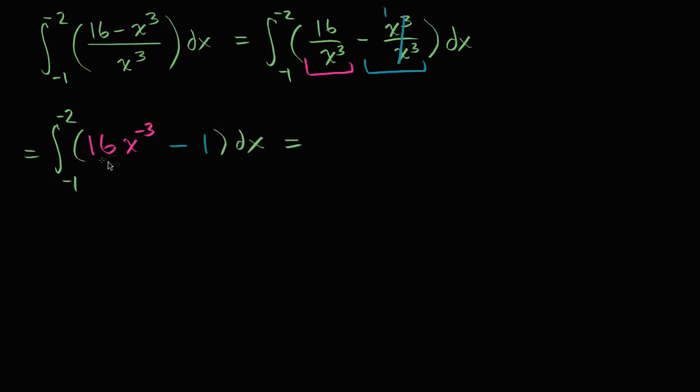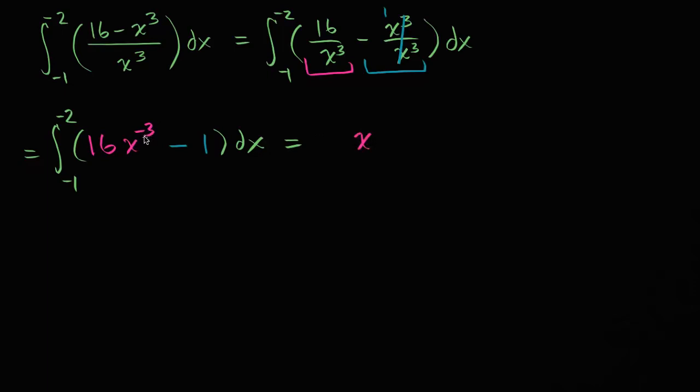Well, let's take the antiderivative of each of these parts, and then we're going to have to evaluate them at the different bounds. So let's see. The antiderivative of 16x to the -3, we're just going to do the power rule for derivatives in reverse. You could view this as the power rule of integration, where you increase the exponent by 1.